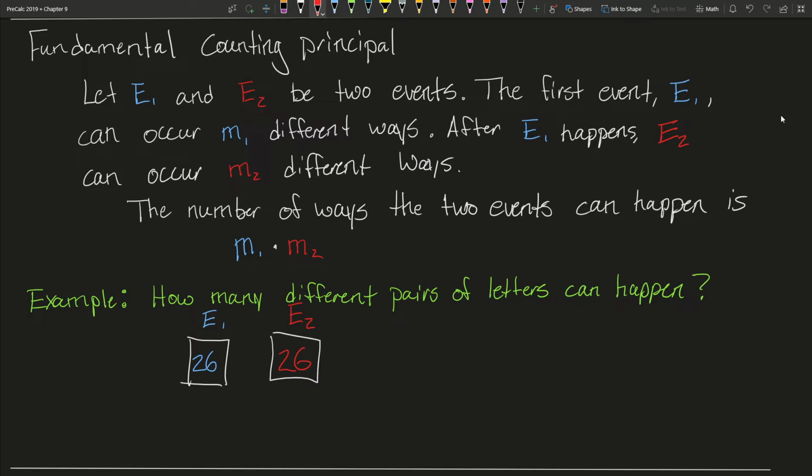So the total number of pairs are these two things multiplied together, which if you do that, you get 676 different pairs of letters in the English alphabet. Okay, so questions about that, because this is super important, and just getting this basic understanding of this example is crucial.